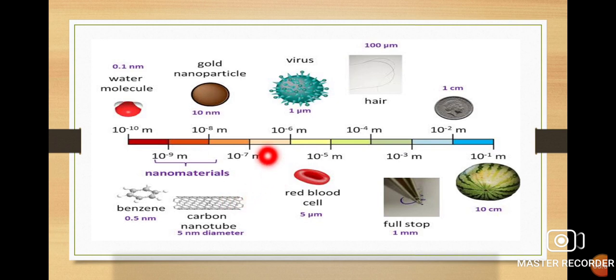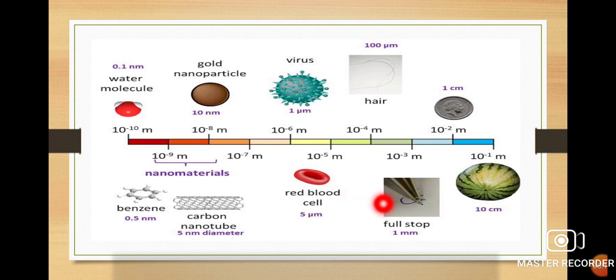Next we have the scale in the range of micrometers. See here, this is a virus which is 1 micrometer in size. A red blood cell is 5 micrometers. Next is hair, which I explained is about 100 micrometers.